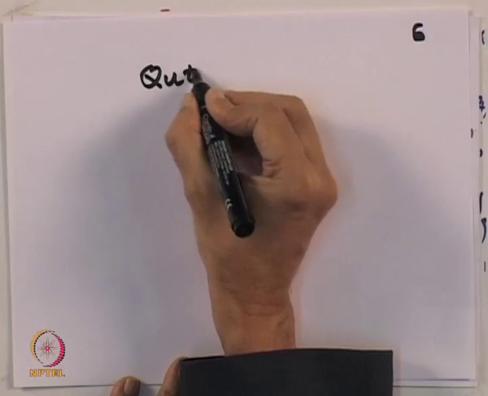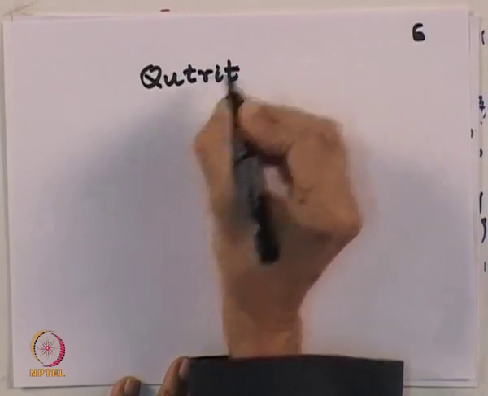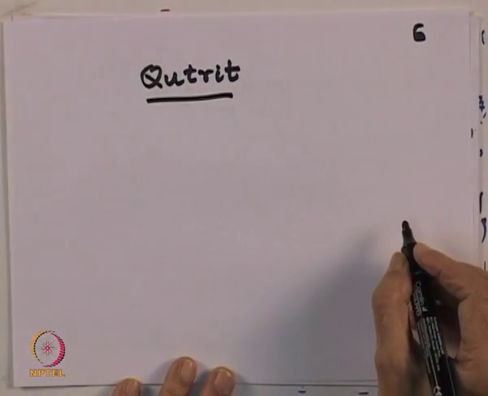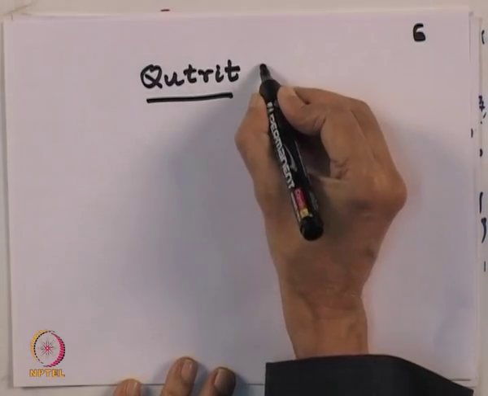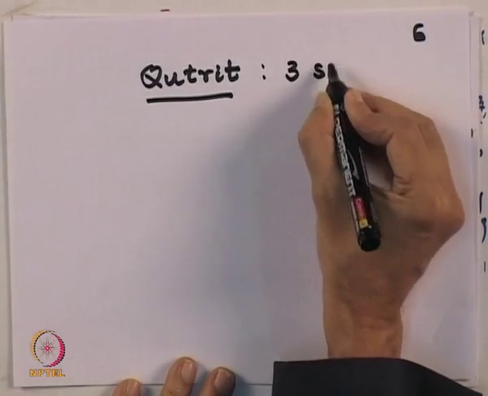Such states, instead of being talked about as a qubit, will be talked about as a qutrit. Other than talking about these names, I will rarely have anything to do with this. So this is basically a 3-state system.